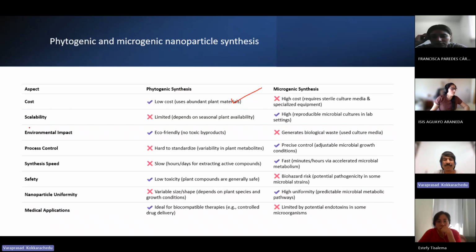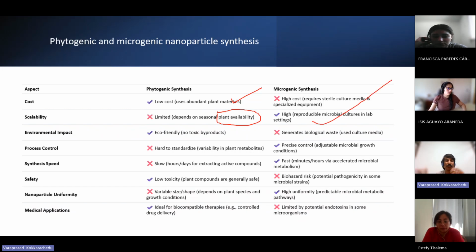And scalability is a little difficult for plants. Why? The plant is not available all the time. Maybe some plants are available only for a few years, so people make powders to use in this synthesis process. For the bacterial one, we can use it anytime.